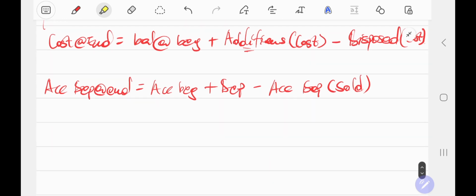And then when you take that, add depreciation, and then minus the accumulated depreciation of the asset that you are selling, that is going to give you the carrying value at the end.